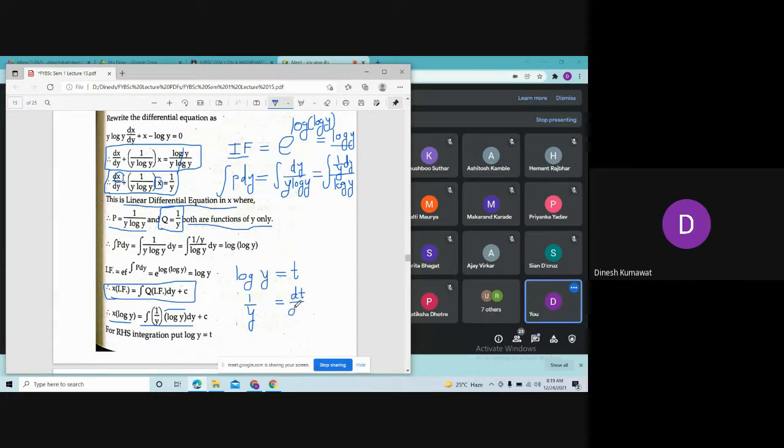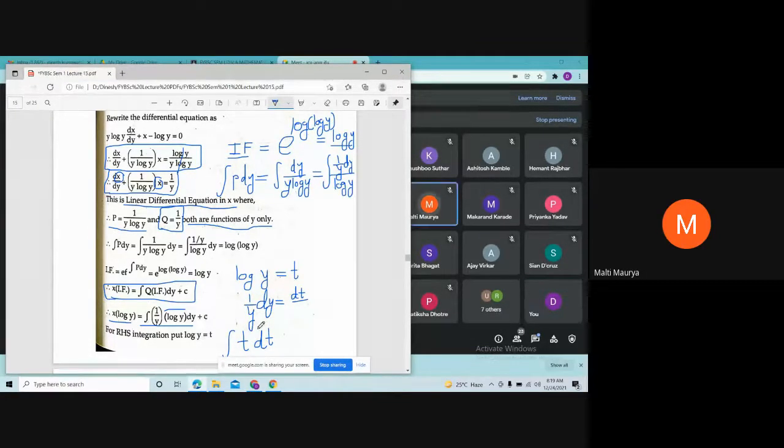Now you just shift this dy from the denominator to the right hand side. So here we are having dy upon y is nothing but dt. So this becomes integration t dt. Is that clear?